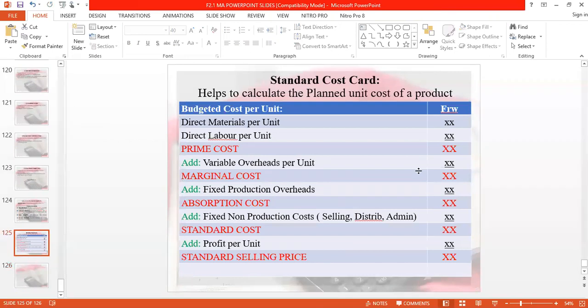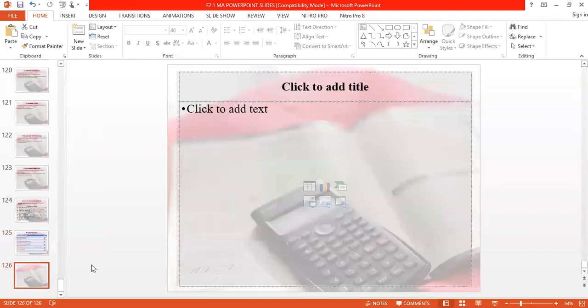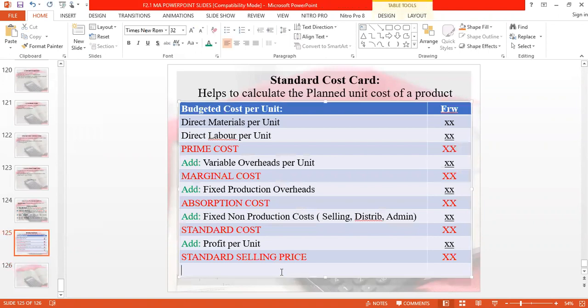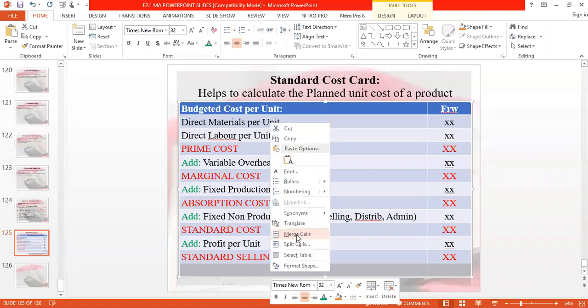So I hope those who are writing have finished. That is called a standard cost card. Remember the key point: it helps calculate the cost per unit of a product or a service.